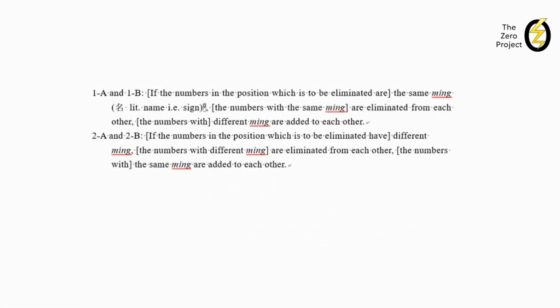And yes, these are the 2 rules of the procedure of the positive and the negative. It says if the numbers in the positions which are to be eliminated have the same name, the numbers with the same name are eliminated from each other. The numbers with different names are added to each other.